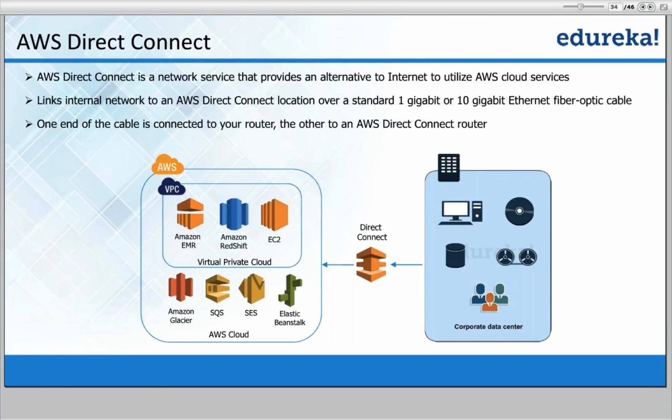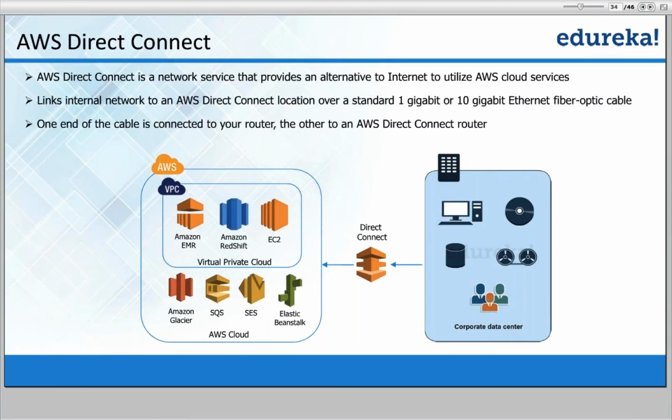You can also go for multiple connections to have even faster connections. It's available only, I think, in a few cities around the world, and sometimes you may need a service partner to take care of the last mile, from your corporate network to the AWS termination point in your city.